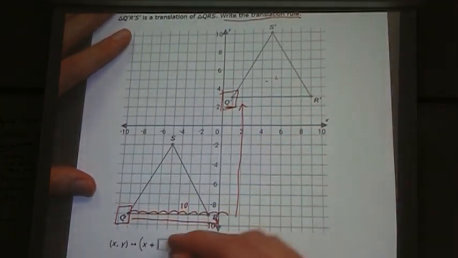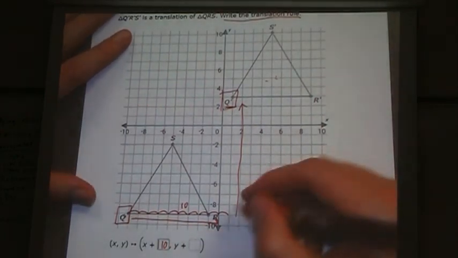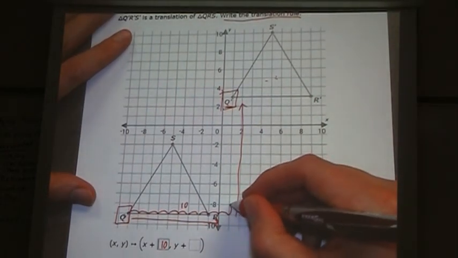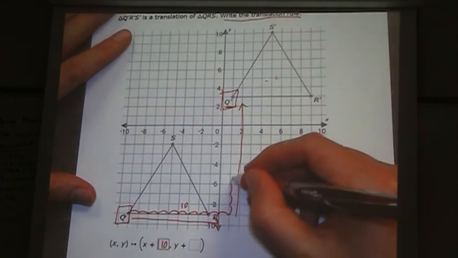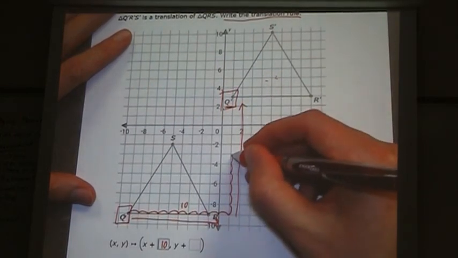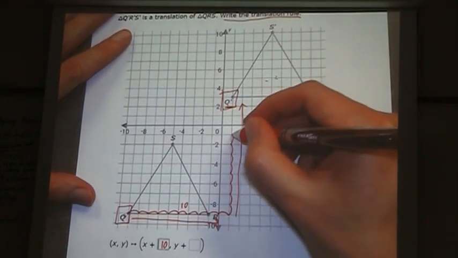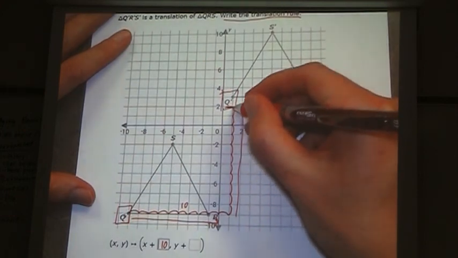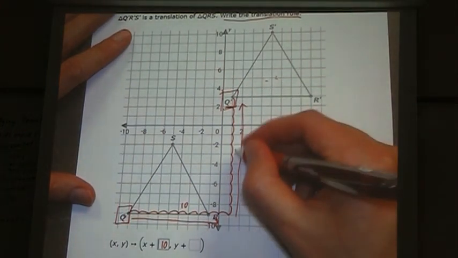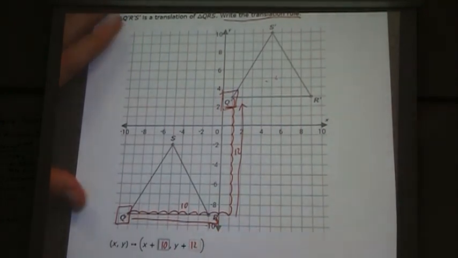So it'd be X plus 10. And then Y, how high up did I go? 1, 2, 3, 4, 5, 6, 7, 8, 9, 10, 11, 12. Bop. 12. Bingo. There you go. And that'd be how you answer that question.